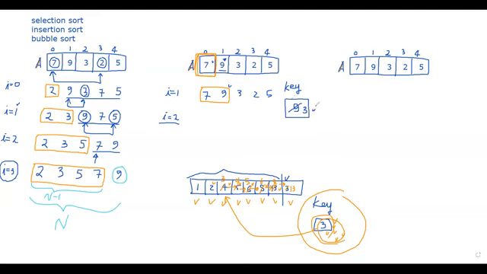This time 9 is larger than 3, so we shift 9 to the right. Now this is 9. Compare 7 and 3. 7 is larger than 3, so shift 7 to the right. So this becomes 7.